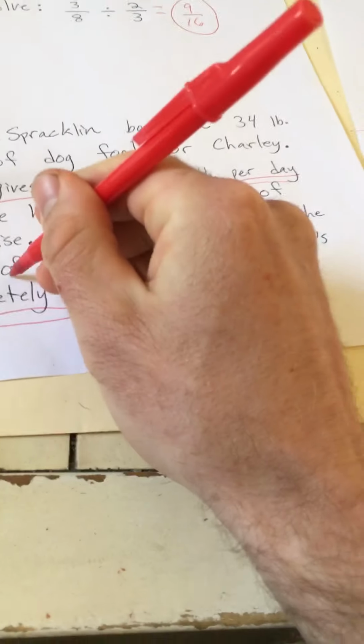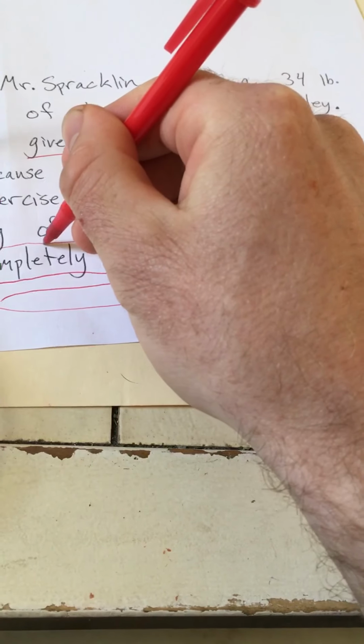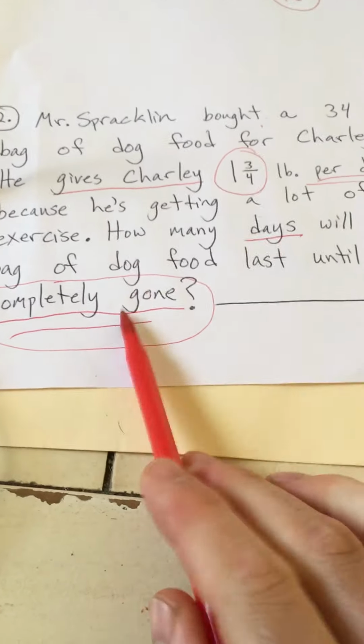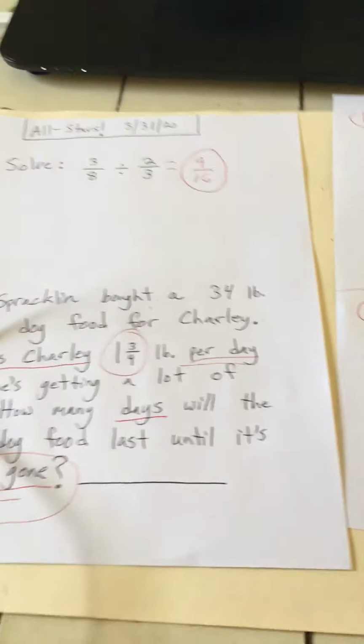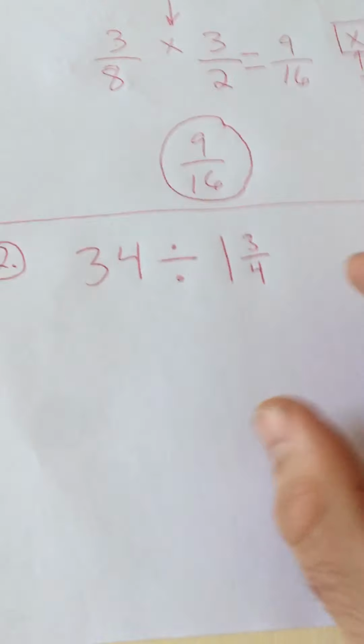So that is key, because we're going to have to think about our answer when we get to the end, because it asks us how many days until it's completely gone. All right, so we're doing 34 pounds divided by 1 3/4 pounds each day to try to find out how many days that will last.